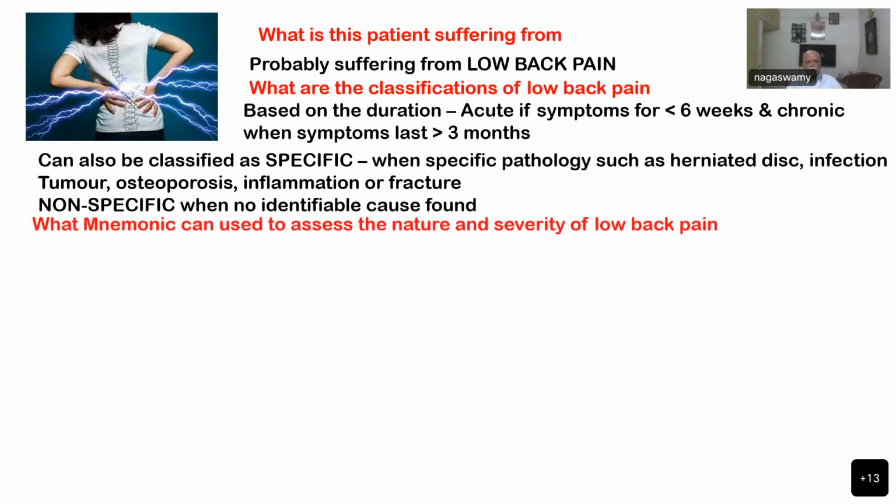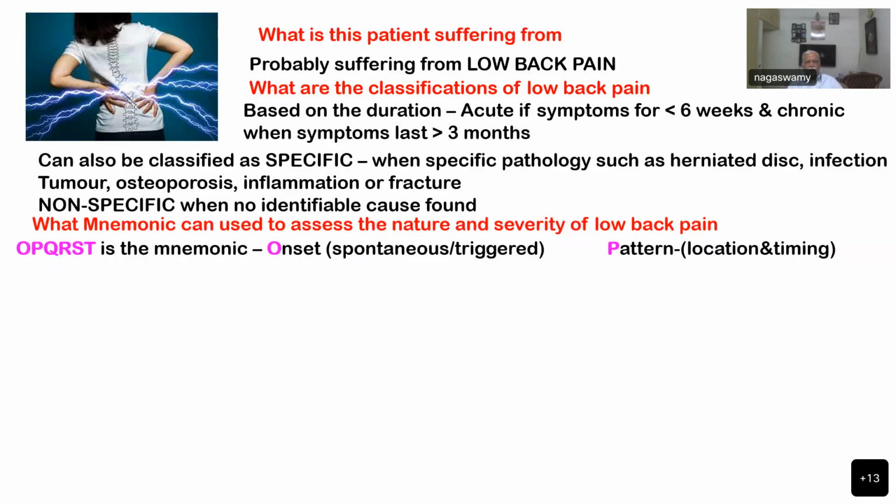What mnemonic can be used to assess the nature and severity of low back pain? OPQRST is a mnemonic to remember. O for onset, whether it was spontaneous or triggered.